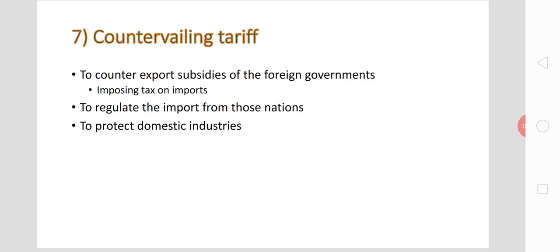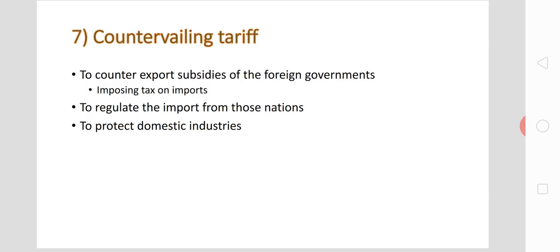So the seventh one is countervailing tariff. This is the tariff that I have listed last. Countervailing tariff is the tax to counter the export subsidies given by foreign governments to their own domestic firms or companies.